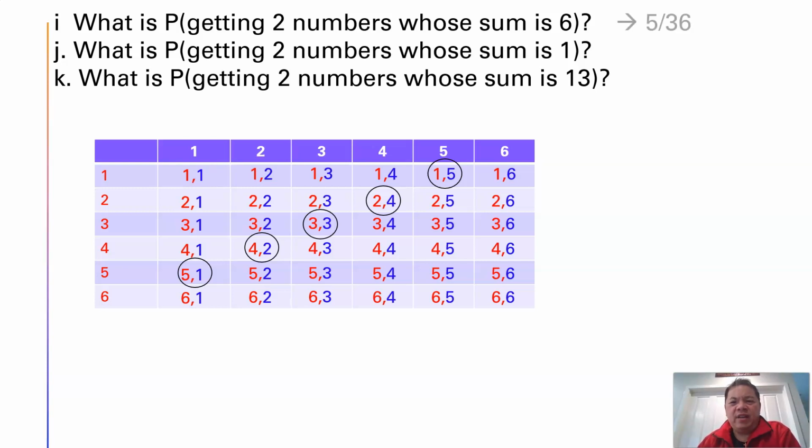I actually can't find any of them. So there is 0 probability to get it. What about the next question? Sum of 2 numbers to get a total of 13. There's no way we can get 13 because the maximum is only 12, 6 plus 6. So again, there is no chance.